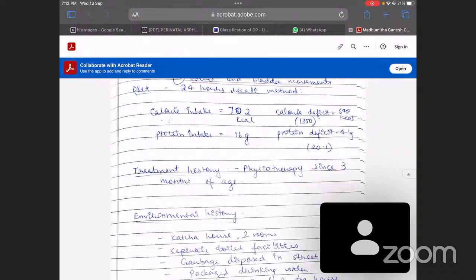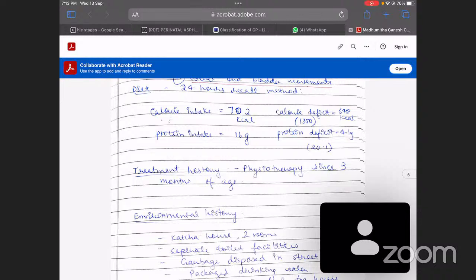Can you tell me what is the cause of malnutrition in a CP child? Malnutrition can be because, for example, in spastic quadriplegia, the child can present with pseudobulbar palsy, which can result in poor feeding. There are also micronutrient deficiencies in cerebral palsy patients, which can be a cause of severe acute malnutrition.